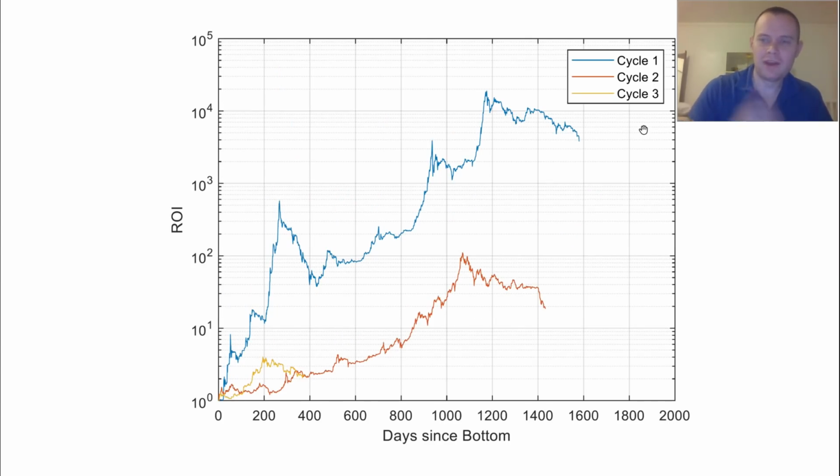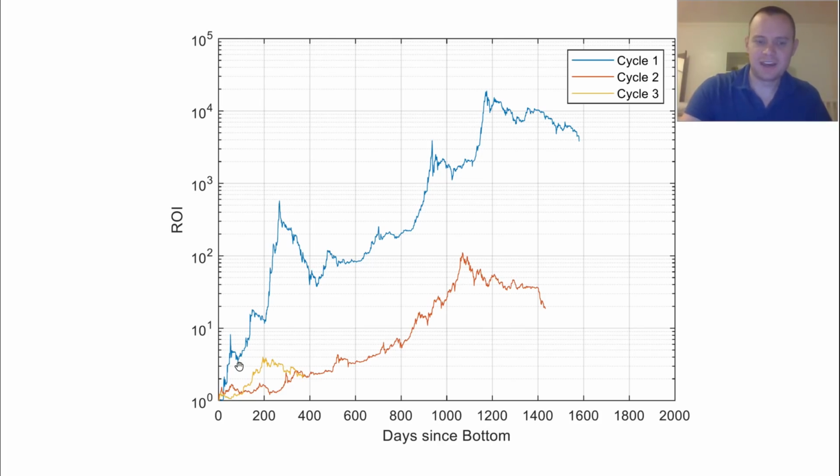Now, what if we assume that we are on a 4-year market cycle? Well, how do we do that? Well, one way would be to assume that the first and second market cycles are part of the same market cycle, and that this bear market was not actually the end of this cycle, but rather just part of the same cycle that peaked all the way up here at the end of 2013.